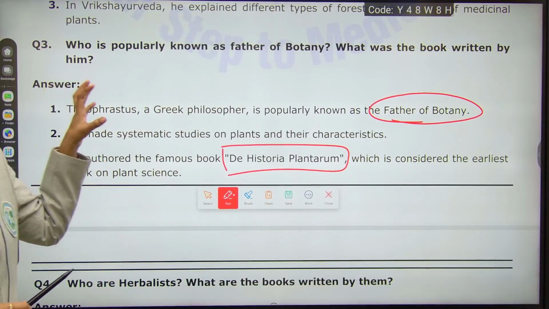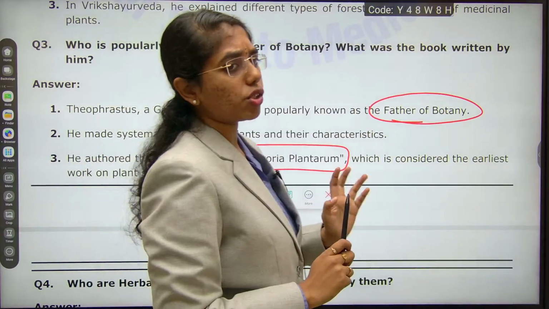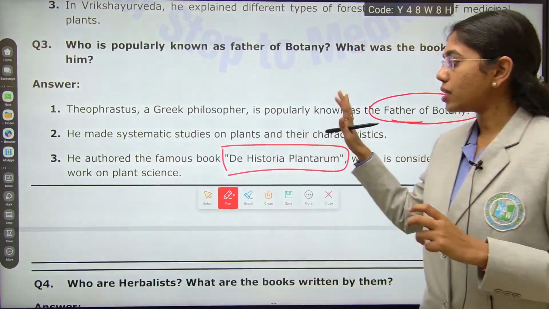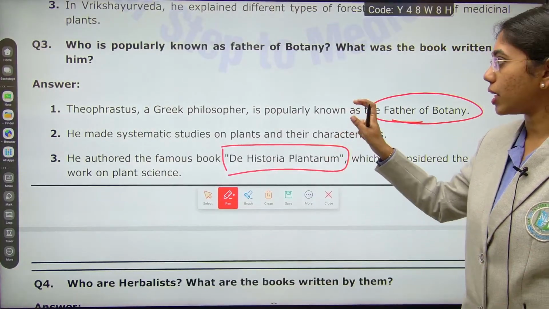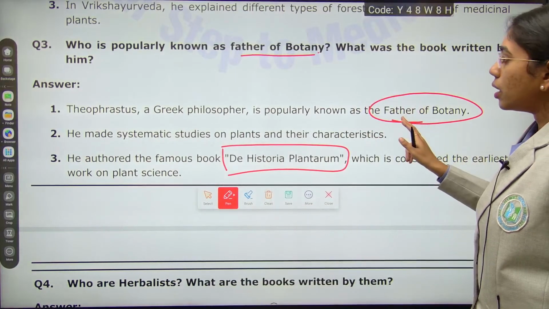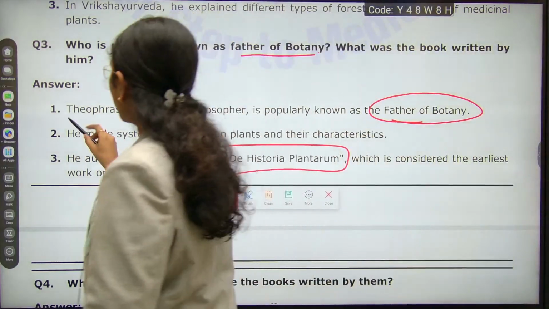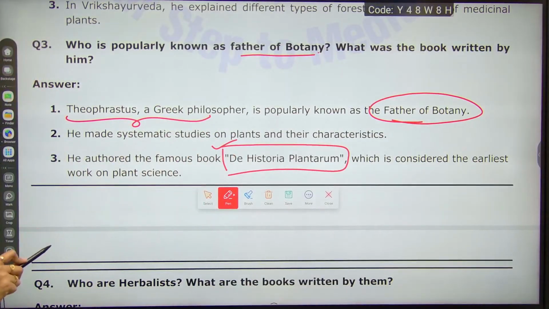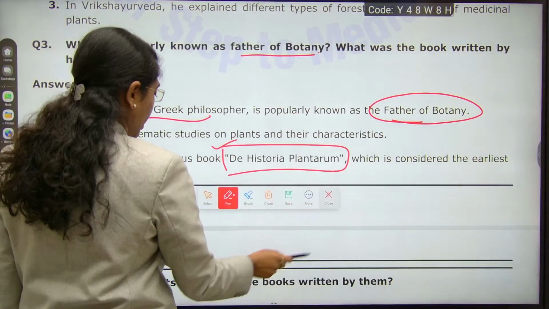Whenever you are attempting a very short answer type of question, the answer will be looked for the specific terms, like what is accurately asked: who is the father of botany, Theophrastus, and what is the book that he has published. That's it. That accurate should be your answer.